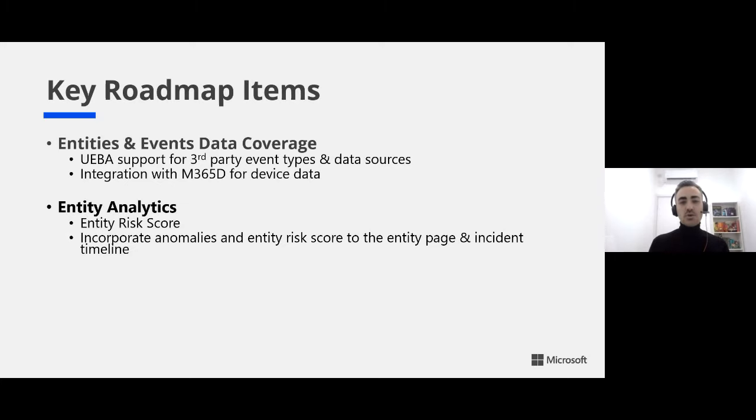By adding this score, it will allow you not only to triage incidents in a better way, because you will be more aware of the different risky users that you have in each incident, but you'll also be able to hunt entities through a dashboard that we'll create for you. So you won't have to start your investigation via incidents, but you'll be able to do some hunting via risky entities.